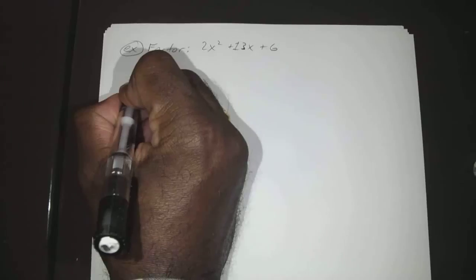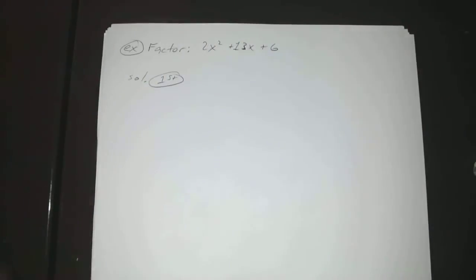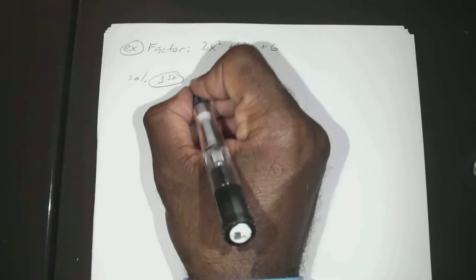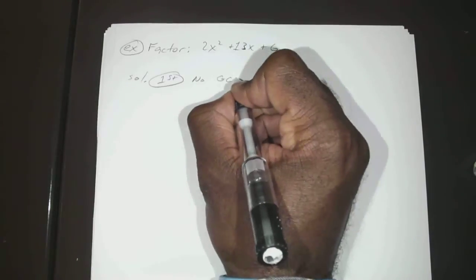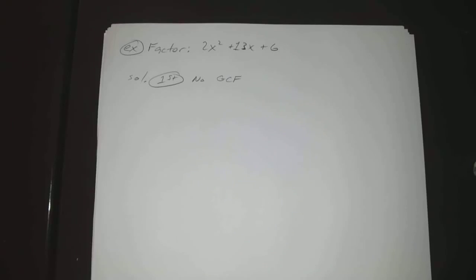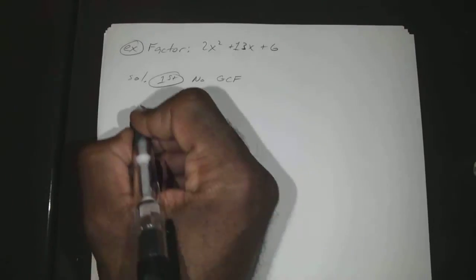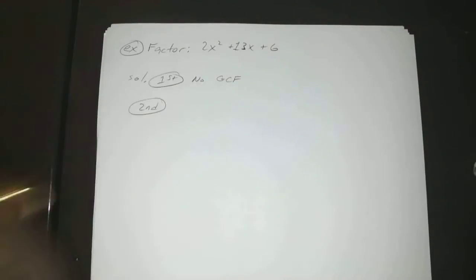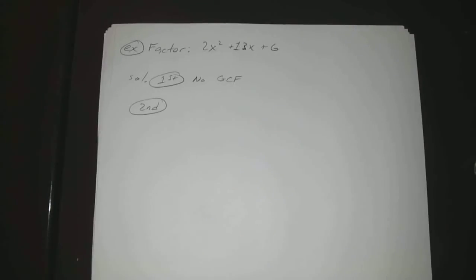All right, so you can see here that we can't factor out the greatest common factor, so that won't help us out. Okay, so now we have to use the A times C method.